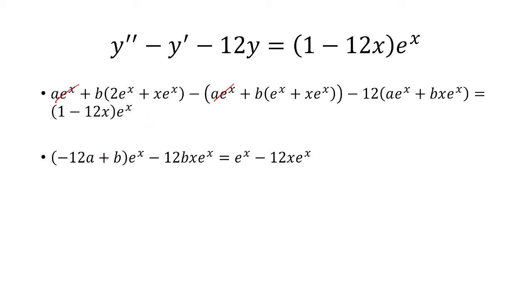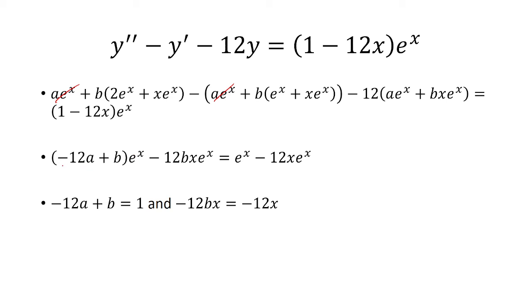And so we have negative 12a plus b times e to the x minus 12b x times e to the x. And then the right side is just equal to this thing right here. I just distributed the e to the x to both terms.